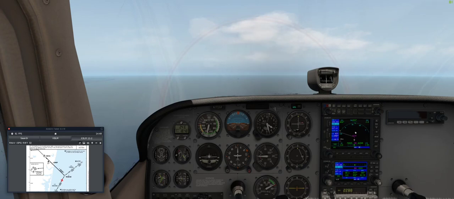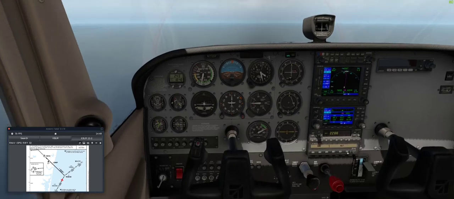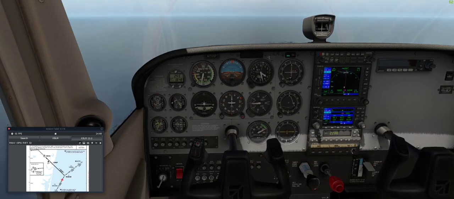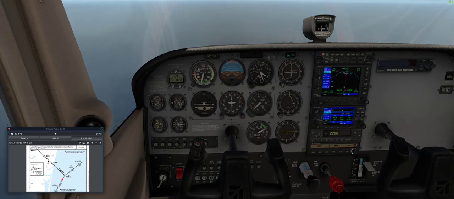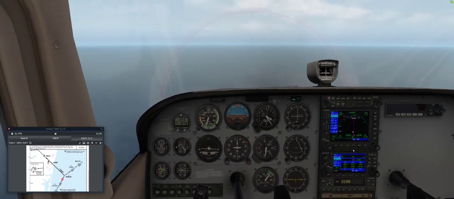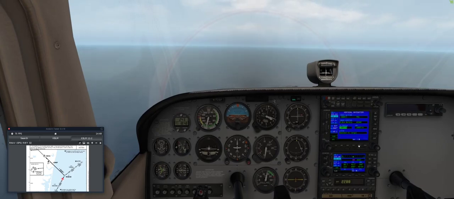We said we wanted to be at 2,000 feet when we got to WUDAB, and we didn't do it, so let's do it now. Take a bit of a steeper descent than we normally would. Yeah, we'd have to descend at 1,800, 1,900 feet per minute to get to 2,000 at WUDAB, so we're not going to do that.